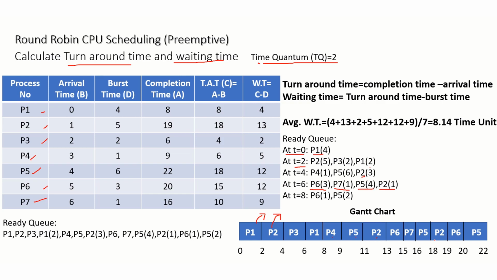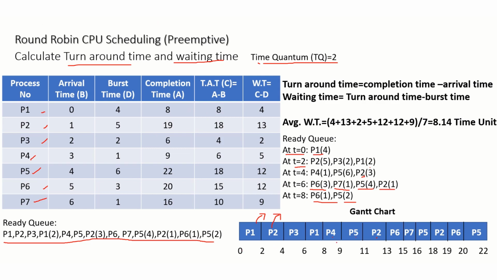At t equal to 8, only 1 millisecond of P6 is remaining and 2 milliseconds of P5 is remaining. So at t equal to 22, P5 will be ready. So it is better to write the ready queue like this. For your understanding, I have written the ready queue here for a particular time. Okay, now after that, once you have the completion times, we can write P1.